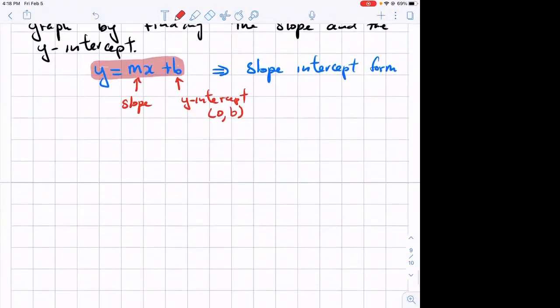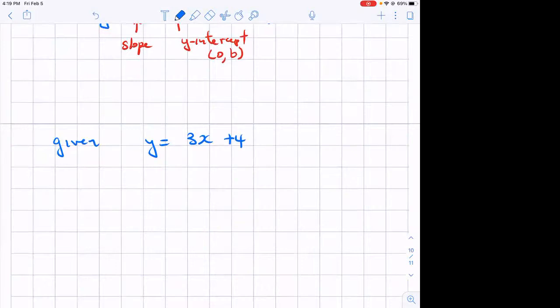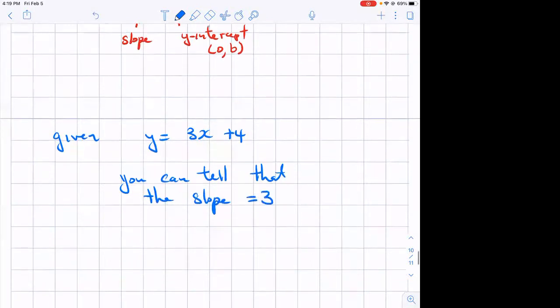So for example, if you're given y is equal to 3x plus 4, you can tell that the slope is 3 and the y-intercept is 0 comma 4.